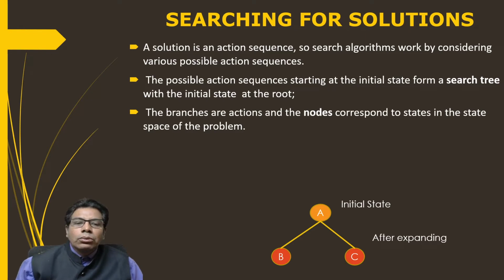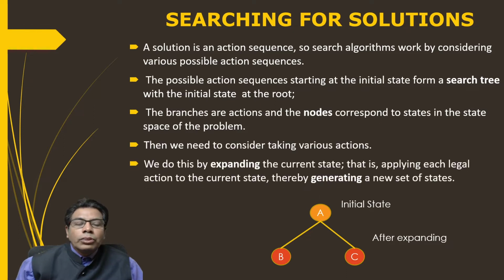So here the nodes will correspond to the states, and then we need to consider taking various actions. We do this by expanding the current state. The current state will be expanded, and here we'll make use of the actions to expand the current state. After expanding the current state, we'll get new states.